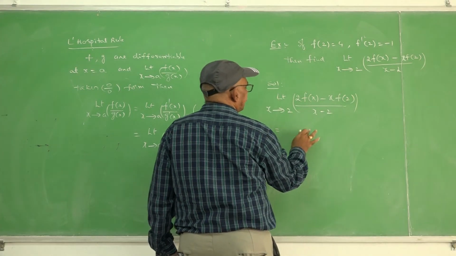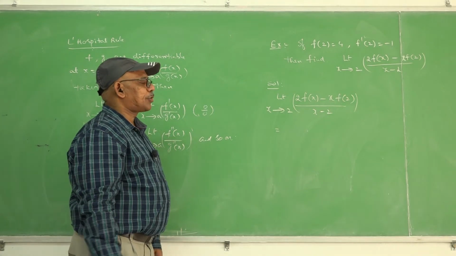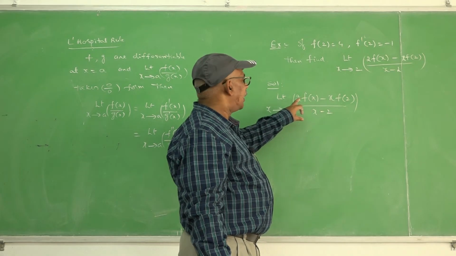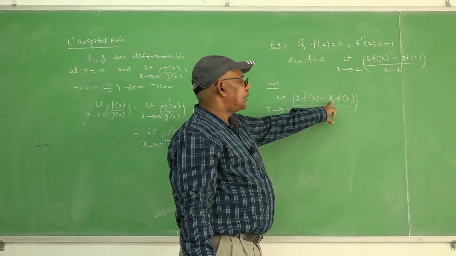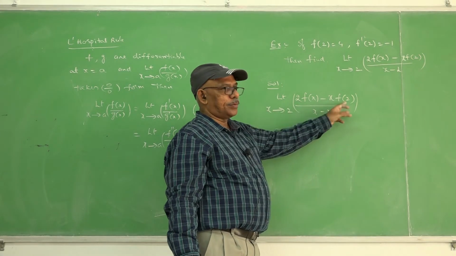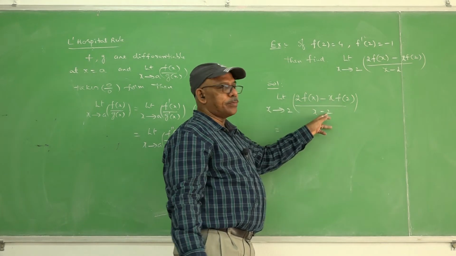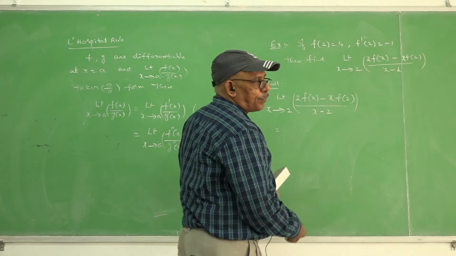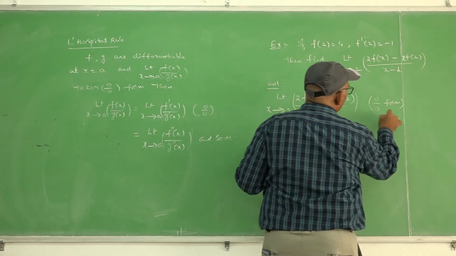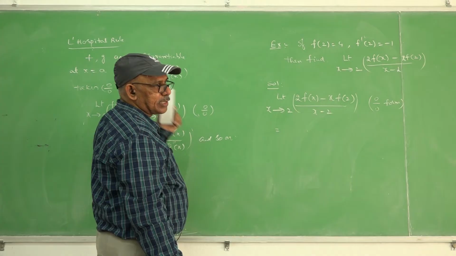Applying the limit straight away, as x goes to 2, it becomes 2 f of 2 minus 2 f of 2 by 2 minus 2, which is clearly 0 by 0 form. The limit takes the 0 by 0 indeterminate form. In such a case, you can go through L'Hospital's rule.